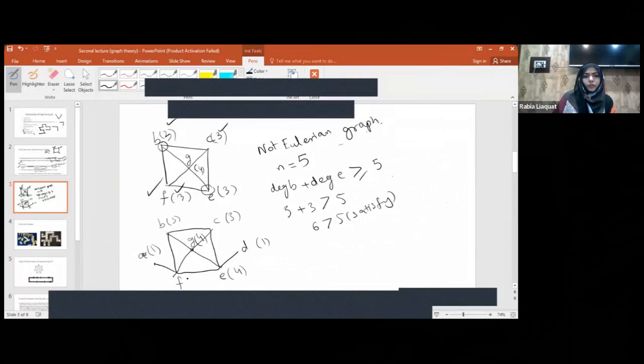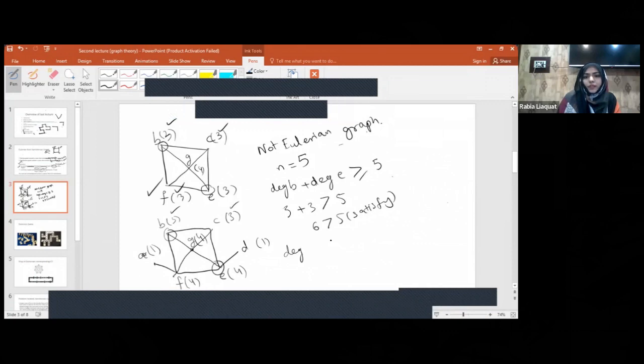The degree sequence is odd, so it is not an Eulerian graph. Now non-adjacent vertices B and E. Let me choose B and E.